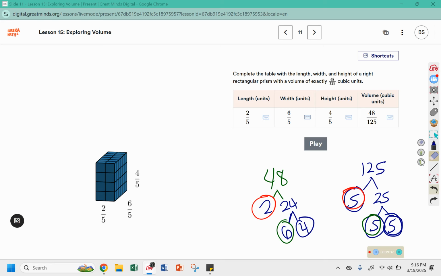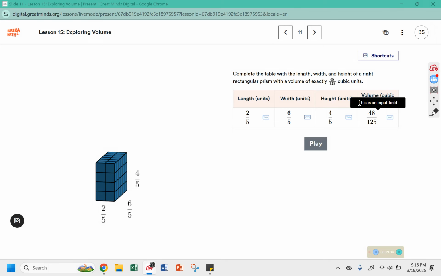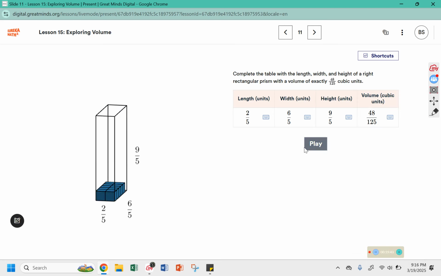Let's see what would happen if we put in an incorrect answer. It wouldn't fill it up all the way, or it would overflow.